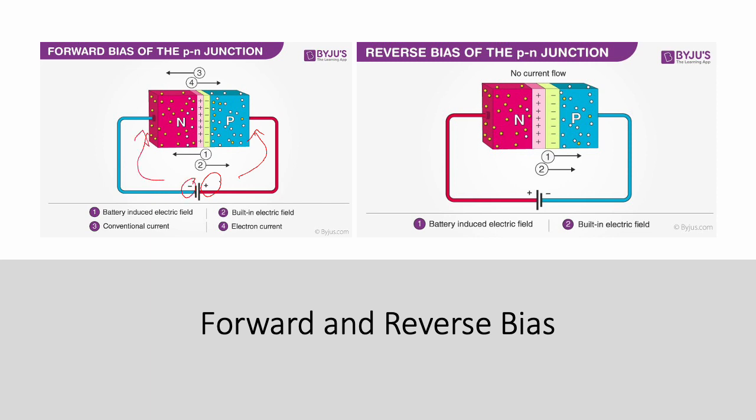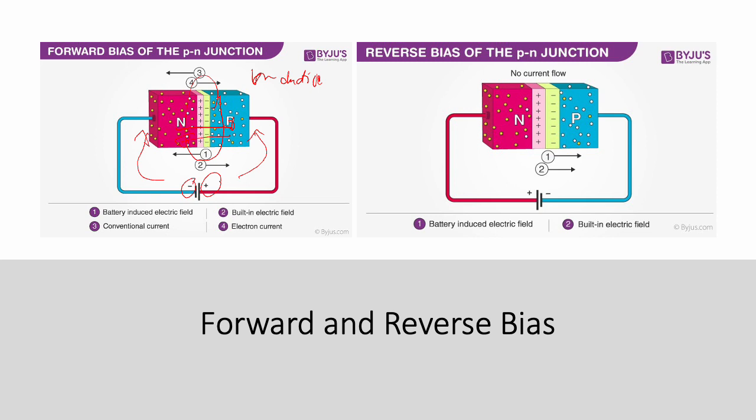This external voltage reduces the barrier potential and allows electrons to flow from the N side to the P side and holes to flow from the P side to the N side. As a result, the depletion region narrows and the junction becomes conductive. Current can now flow through the junction in the direction of the applied voltage.